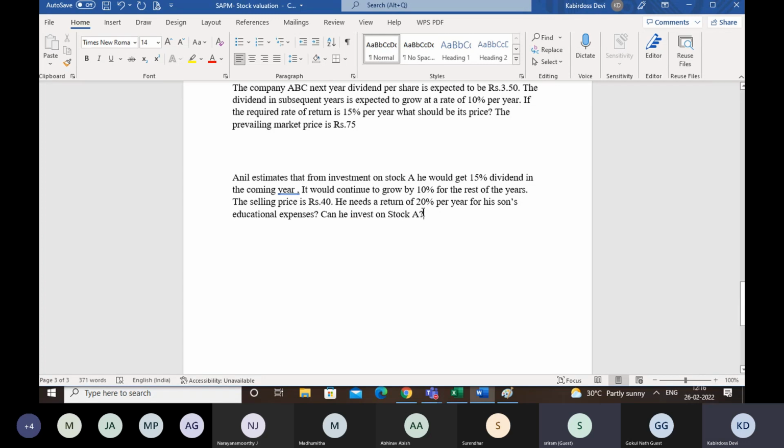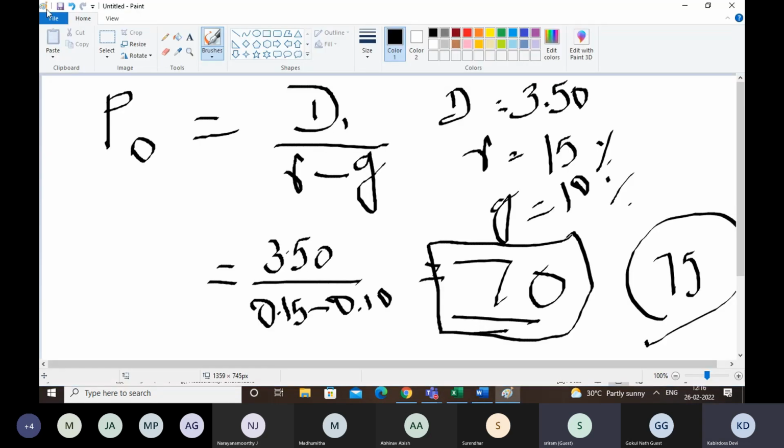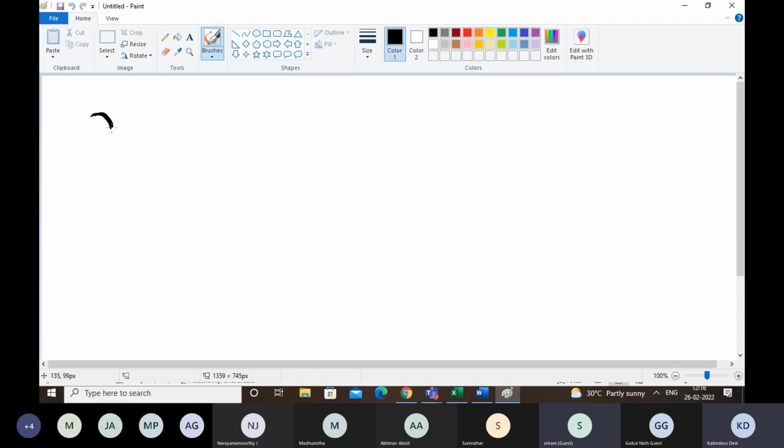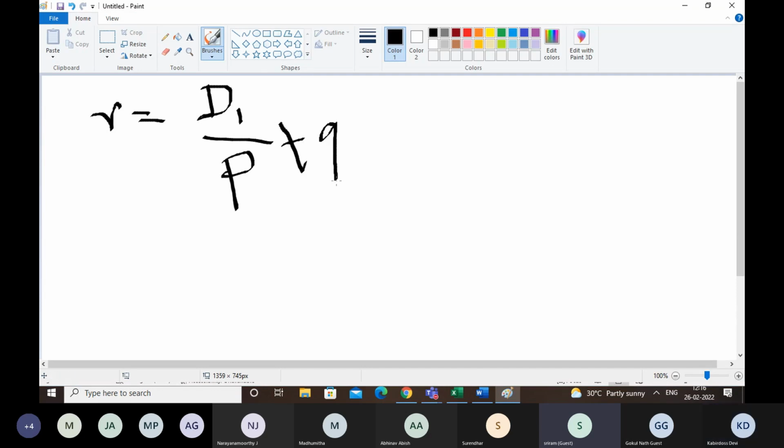So now he is expecting a 20% return on this particular stock. Now we need to calculate whether he will get that return or not. What is the formula? I need a return, so R is equal to the dividend divided by the prevailing price plus growth. What is the dividend?